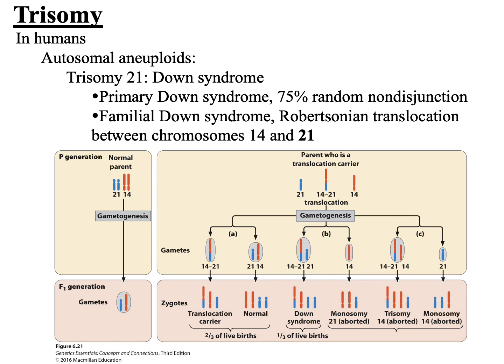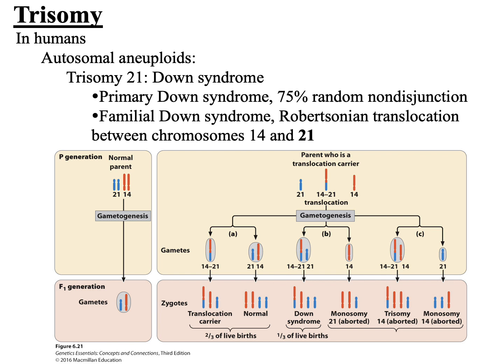Now, a significant amount of research has been done on Down syndrome, trisomy 21, and it turns out that the majority of cases of Down syndrome are referred to as primary Down syndrome cases. About 75% of the Down syndrome cases are due to what's referred to as random non-disjunction.